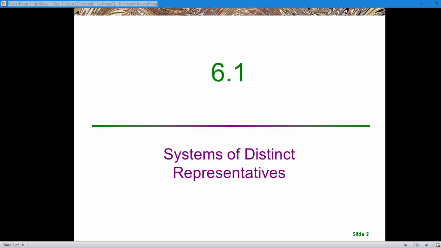Sometimes an optimal matching may be desired. For example, a basketball coach must assign a player to guard each player on the opposing team in such a way as to minimize the opponent's total score. Such problems will be treated in this chapter.